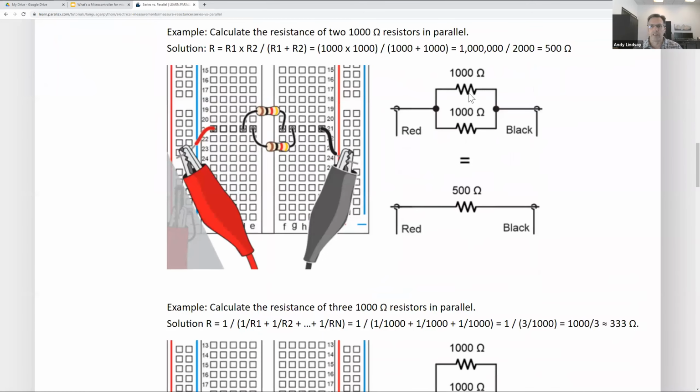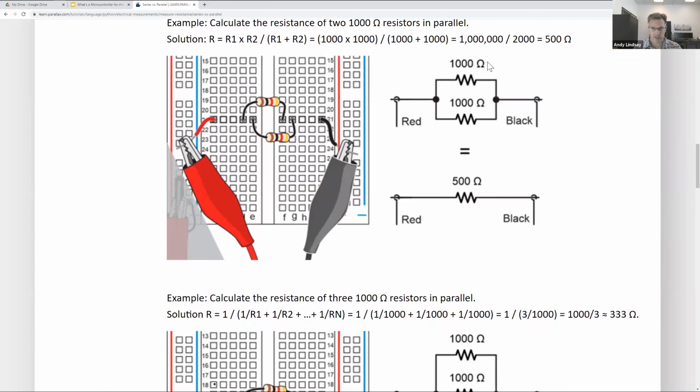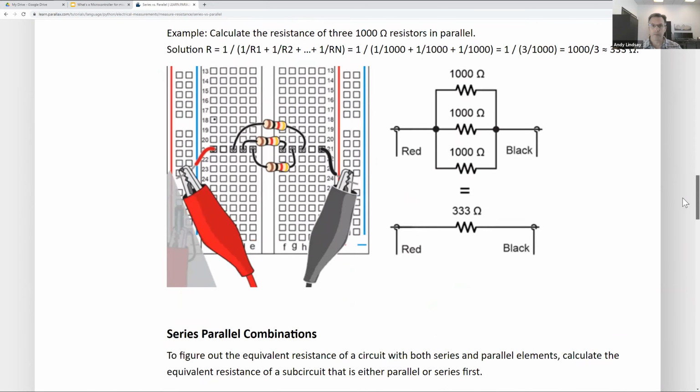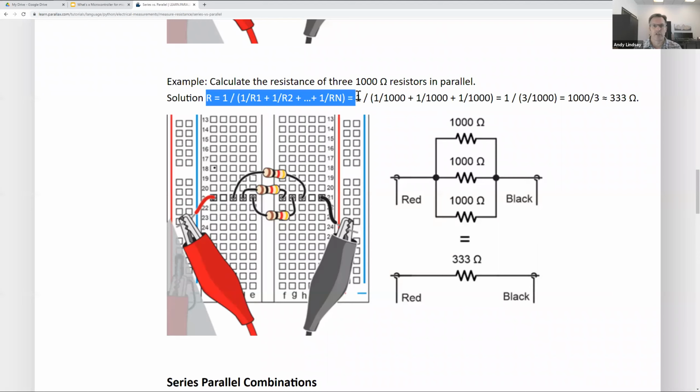They can also be connected side by side. In that case, there's an equation that you use to figure out the resulting resistance. In the case of two parallel resistors, two side-by-side resistors, it's half of their resistance if they happen to match. Otherwise, there's this little equation.